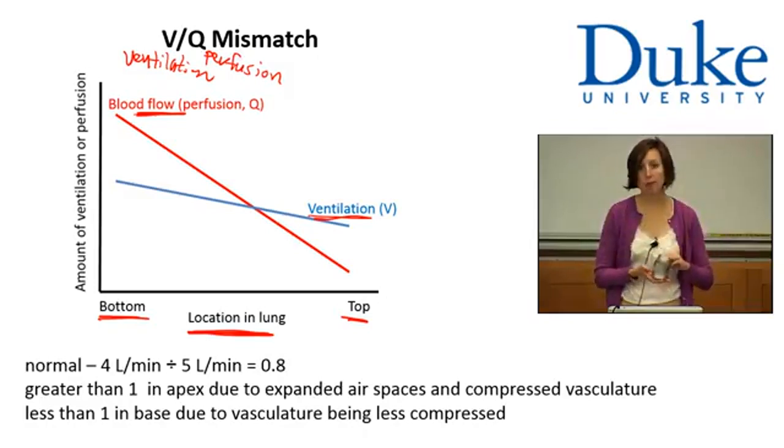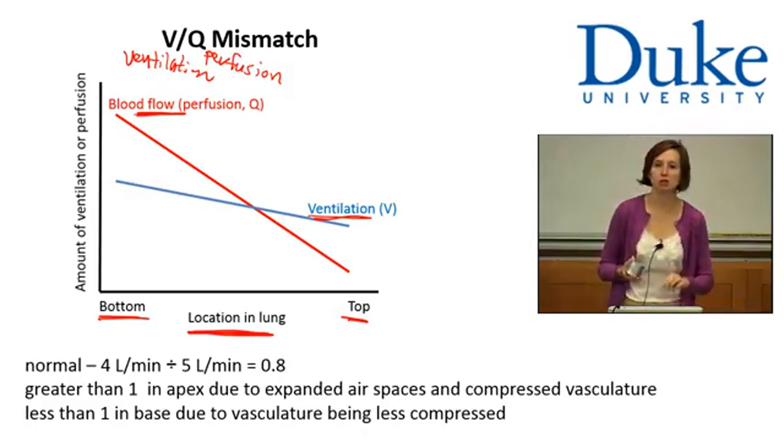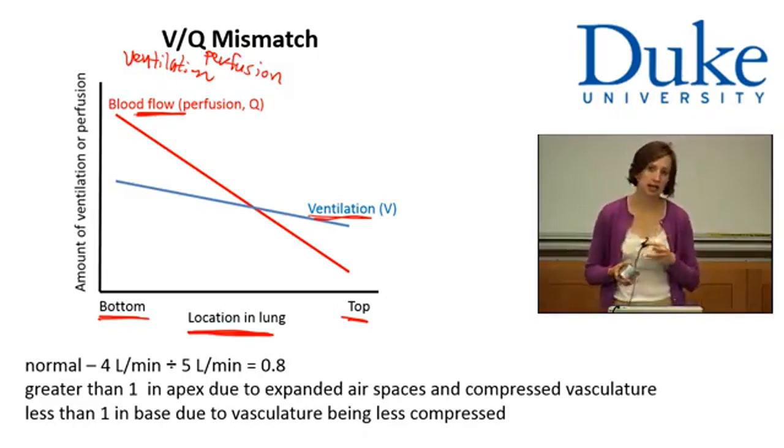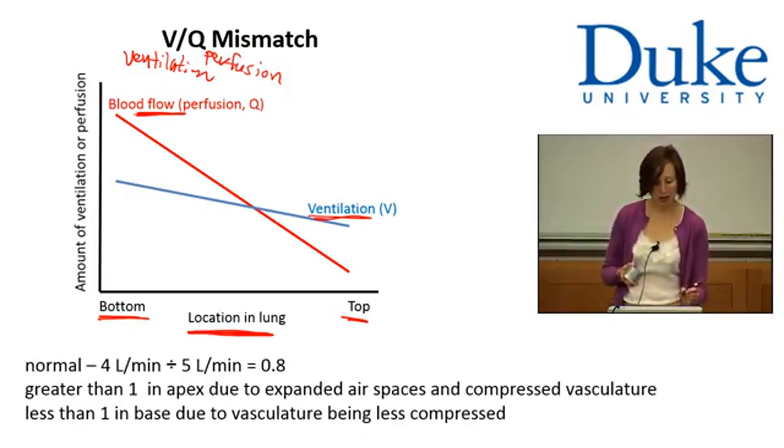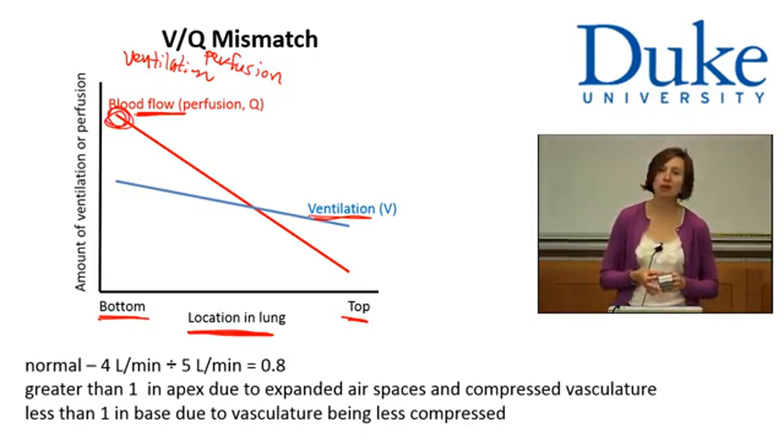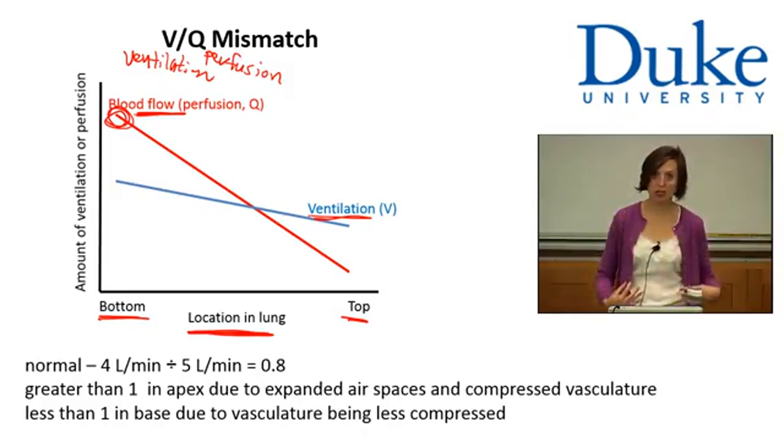With blood flow, we see a larger effect. The slope of the line is much more steep, but it's still in the same direction, where at the bottom of the lung, we have greatest blood flow. There's a couple of reasons for that. One is, again, due to gravity and the fact that the bottom of the lung is below the heart.